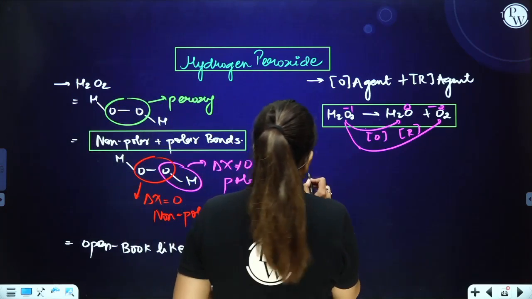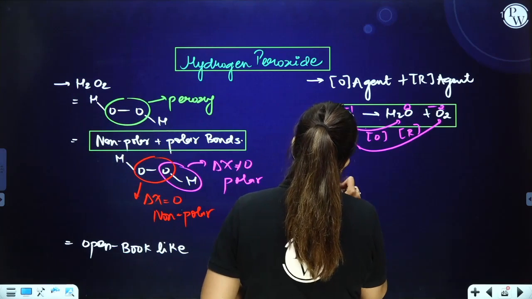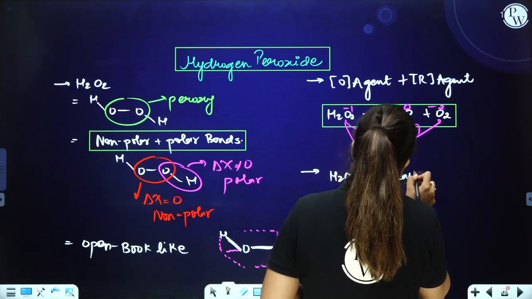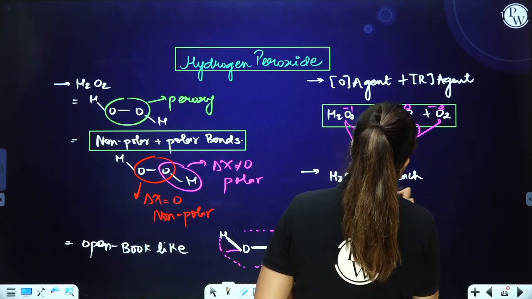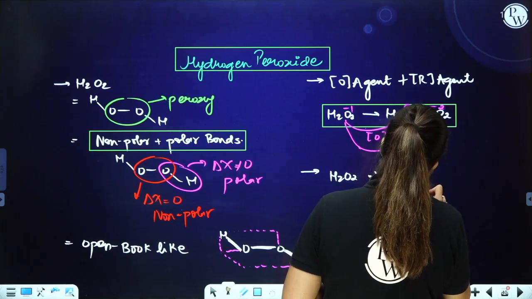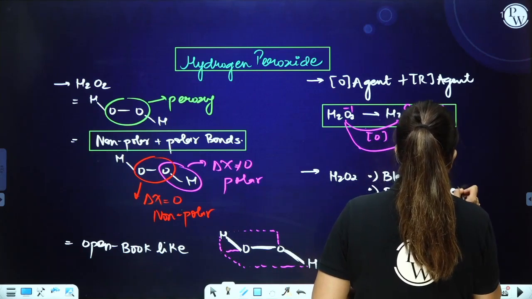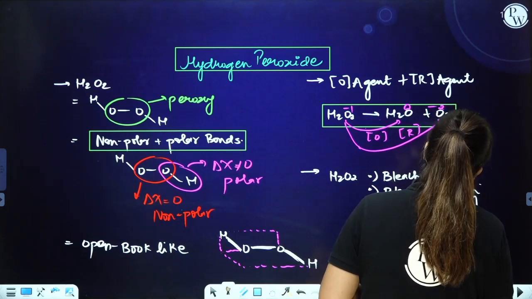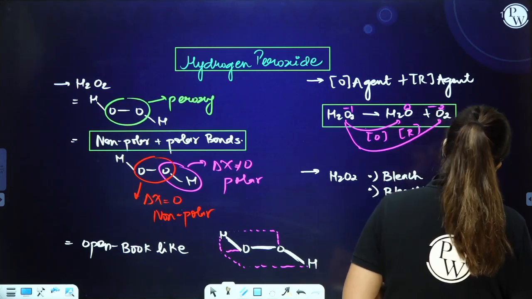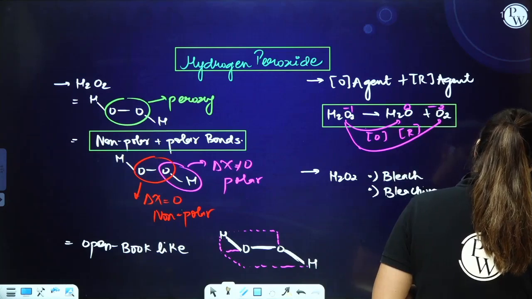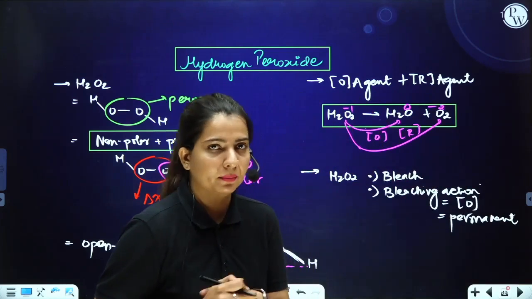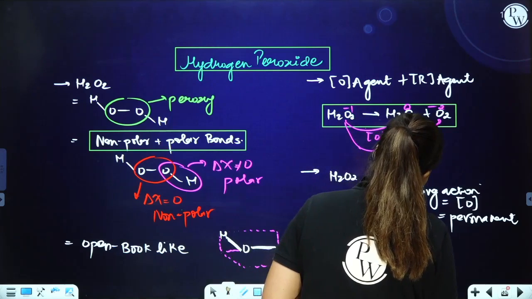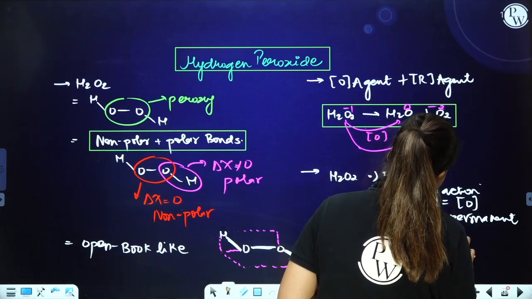Talking about H2O2, it behaves as a bleach also. Since its bleaching action is due to oxidation, that action is considered permanent. For example, during the bleaching action H2O2 breaks into H2O plus nascent oxygen.